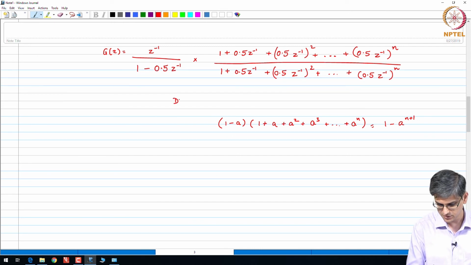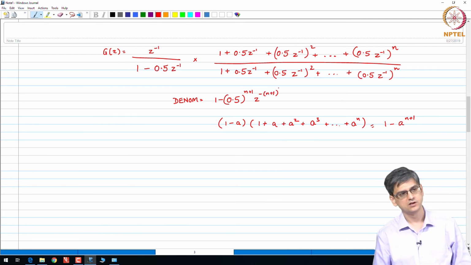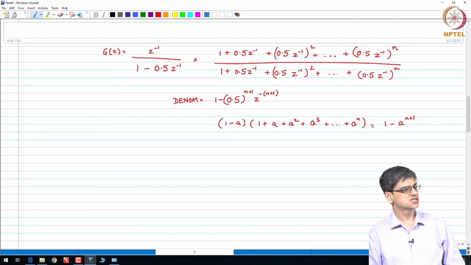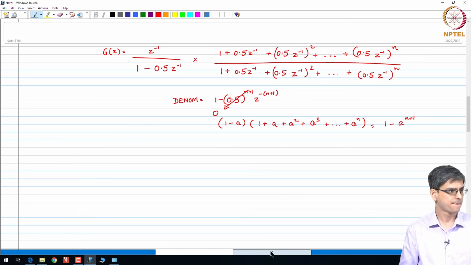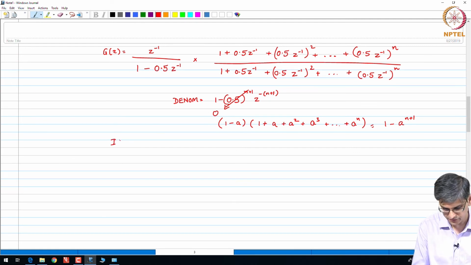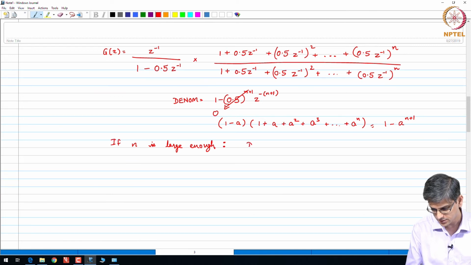So, the denominator is 1 minus 0.5 to the power n plus 1, z to the power minus n plus 1. Okay. If we choose the n large enough, this becomes 0. So, if n is large enough, then the denominator is 1.